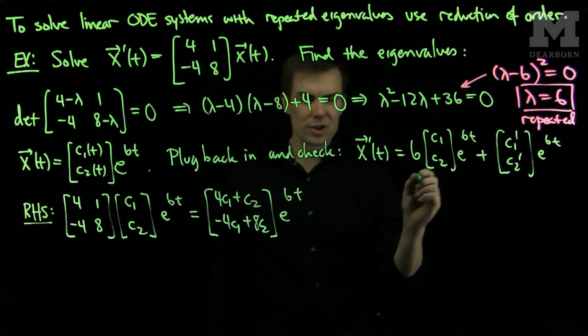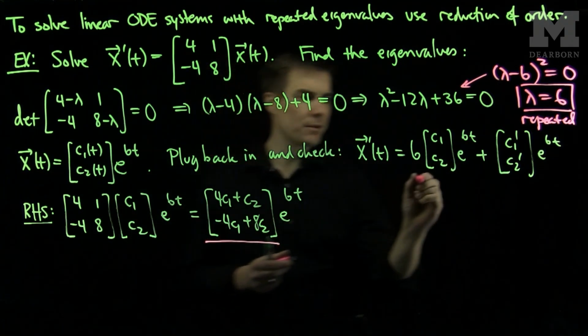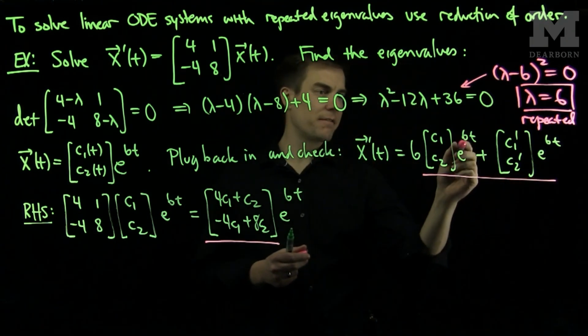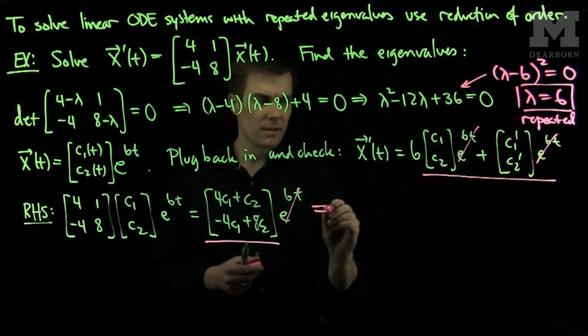Now, these expressions must be equal. Every term on the right-hand side and every term on the left-hand side is a factor of e to the 6t. So all those e to the 6t's will cancel out, and we'll get the following system.